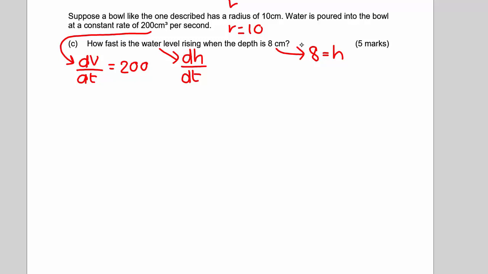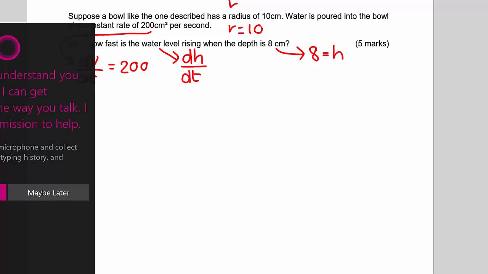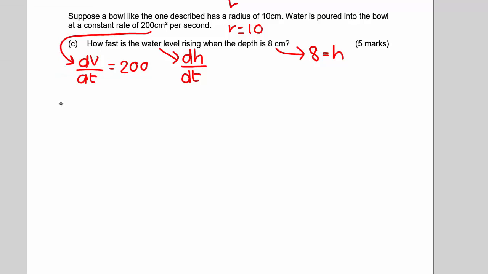Okay, so we have V. So we can do dV by dt equals dV by dh, which we've got above, times dh by dt, and that'll give us everything that we possibly need. Okay, so we'll have our volume.